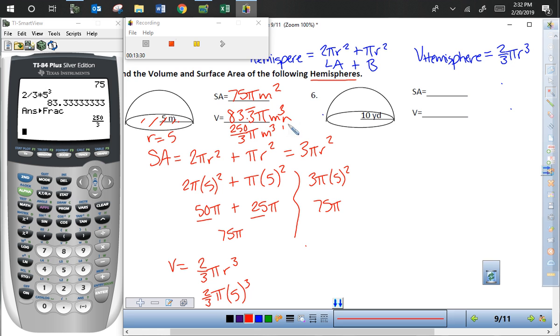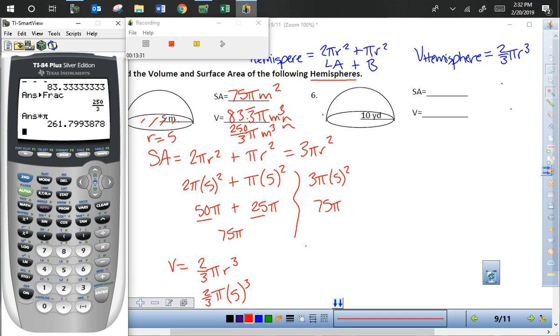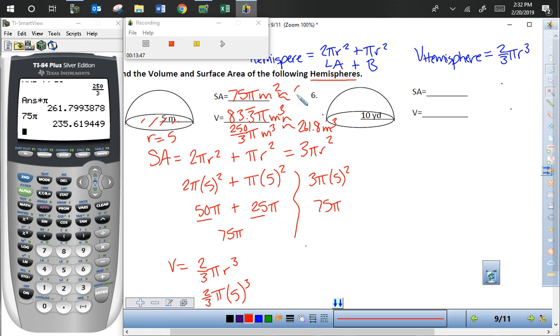Both of them give the same decimal when we multiply by pi, and that's about 261.8 meters cubed. We'll go back up and grab this decimal, 75 times pi, and that's 235.6 meters squared.